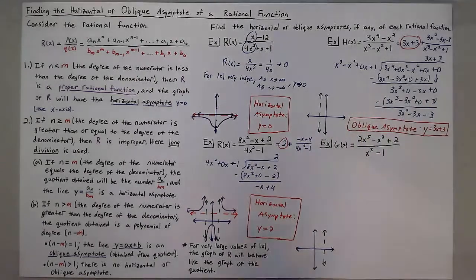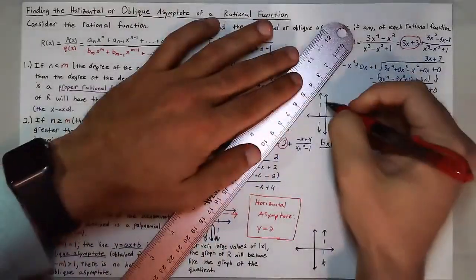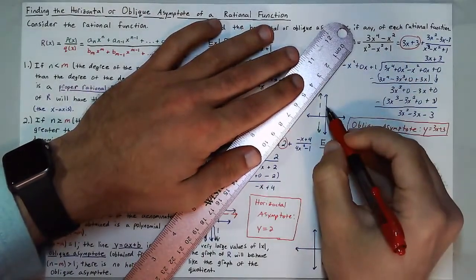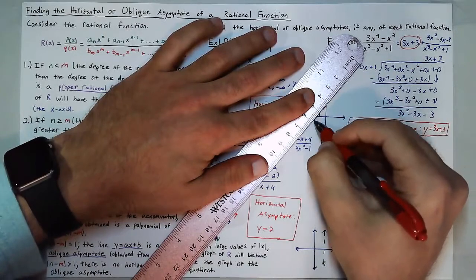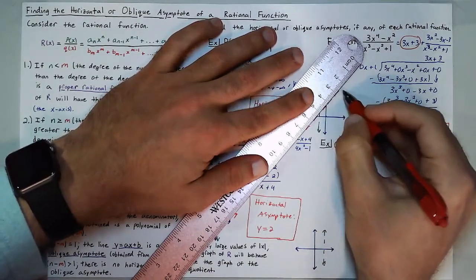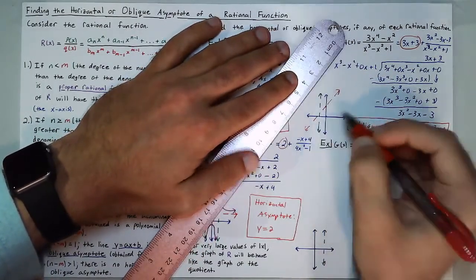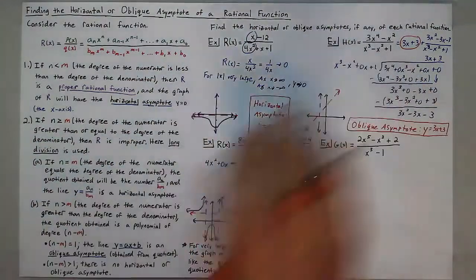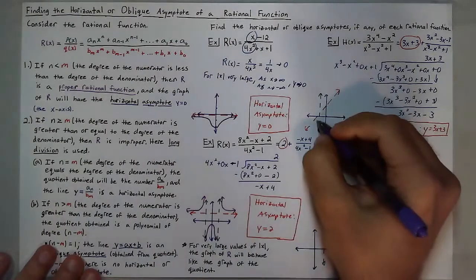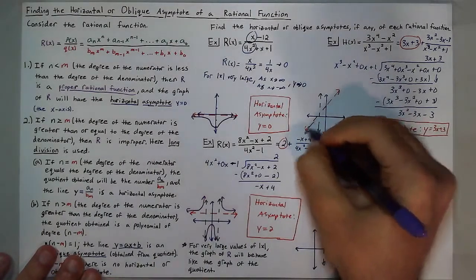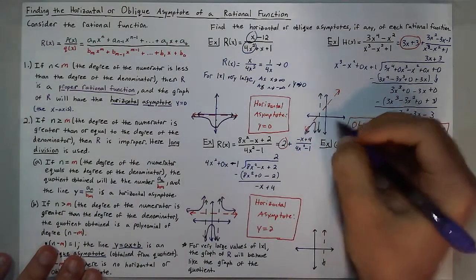So if I were to draw that out, I would have a line at y equals 3x plus 3, a slope of 3. When I draw this graph out, it'll look something like this, where it'll follow that line towards negative infinity, still obey the other asymptotes.